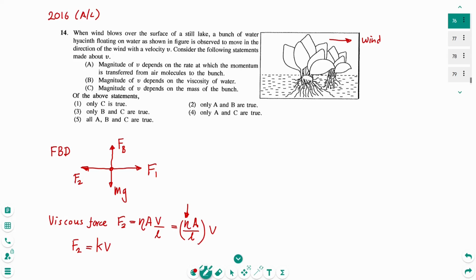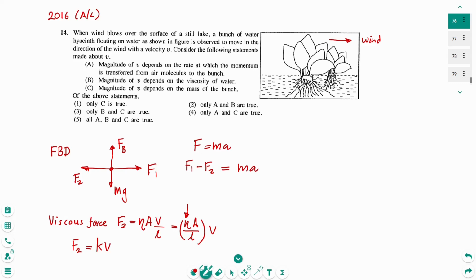So let's write down Newton's second law along the forward direction for the bunch. If I write F equals ma, F is the net force acting in the forward direction. So that's going to be F1 minus F2 equals mass times the acceleration.